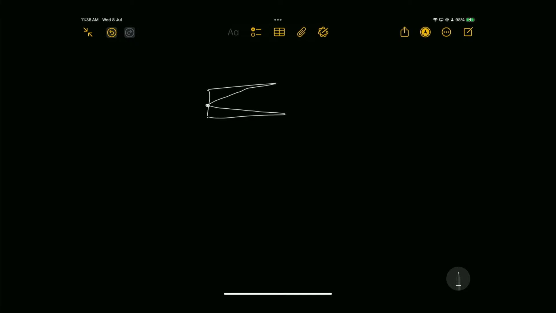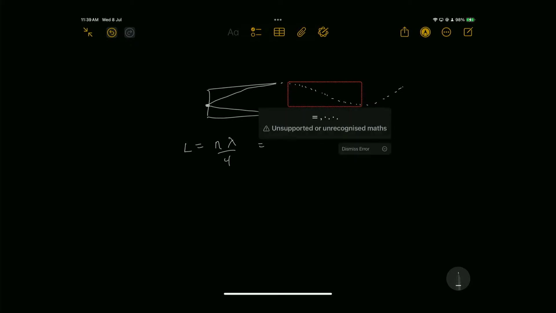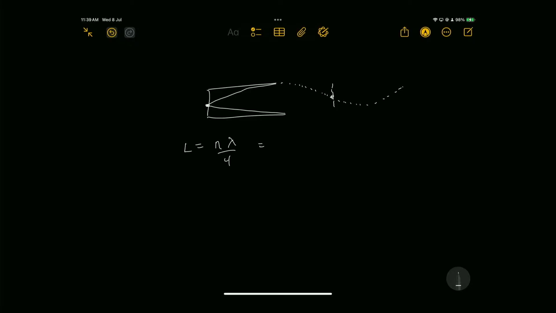So in this situation, we know that L is equal to n times lambda over 4, right? We could see here, this is a quarter of our wavelength. If we continue, we'll have another quarter of the wavelength at this position, where this is the other node. Sorry, I made a mistake here.